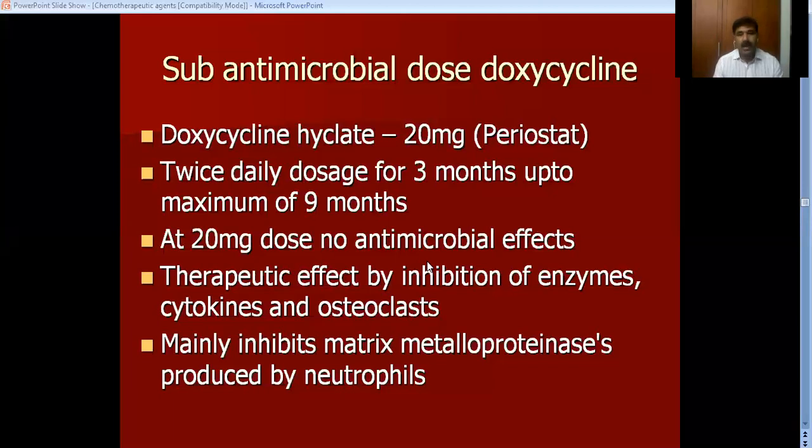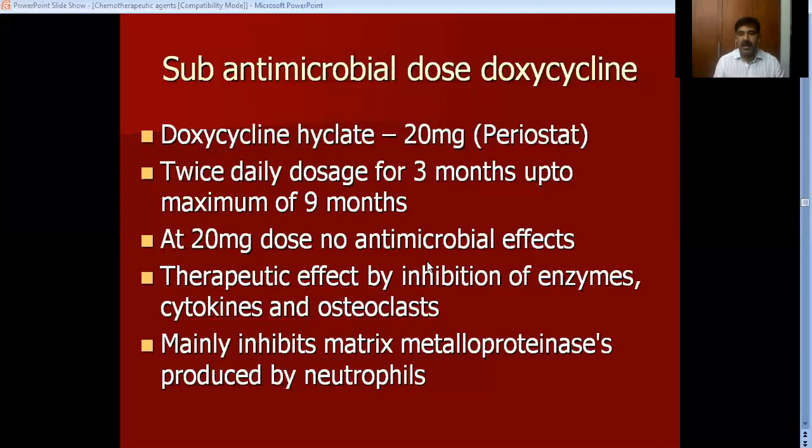Now, at the 20 milligram, it does not have any antibiotic effect. The effect it has is it can inhibit the formation of matrix metalloproteinase. And which matrix metalloproteinase are we talking about? The matrix metalloproteinase that is causing major periodontal destruction is MMP-8, the matrix metalloproteinase 8 that is produced by neutrophils.